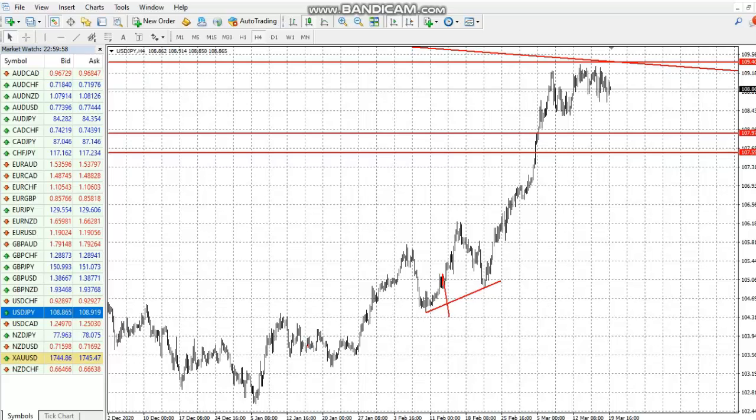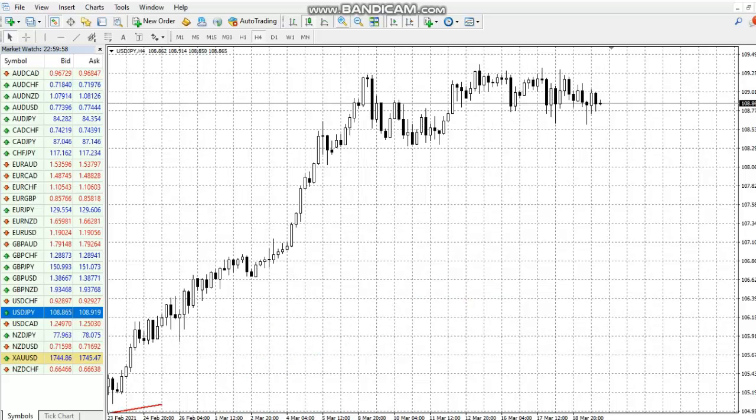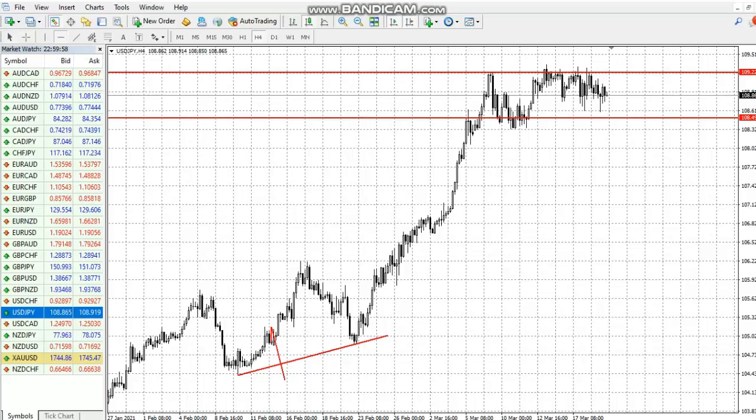So on our 4-hour time frame, sorry, I'm trying to delete this. Let me zoom in. Now on our 4-hour time frame, we can see well that the market has been consolidating, at least for about 2 days last week, or some few days last week.